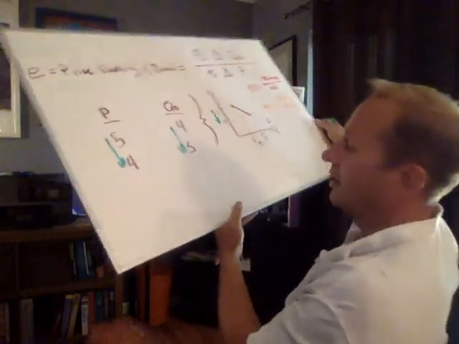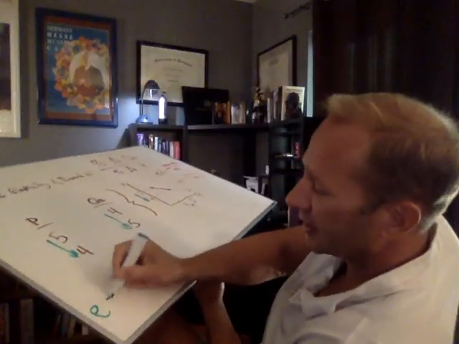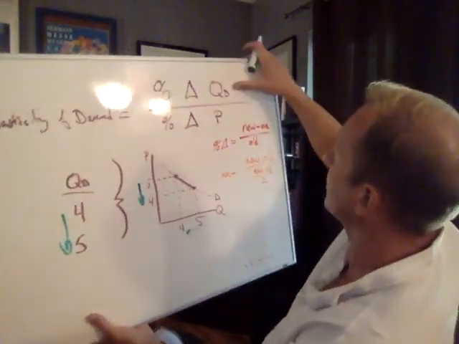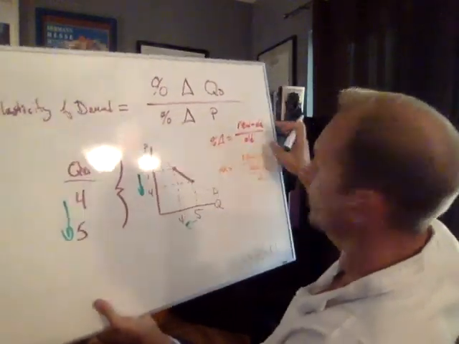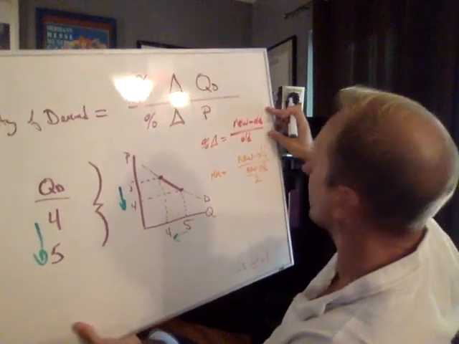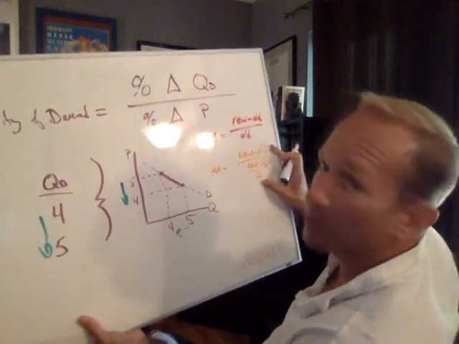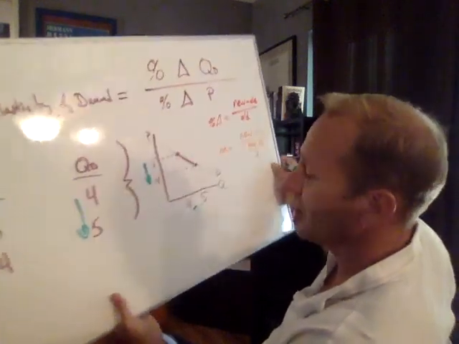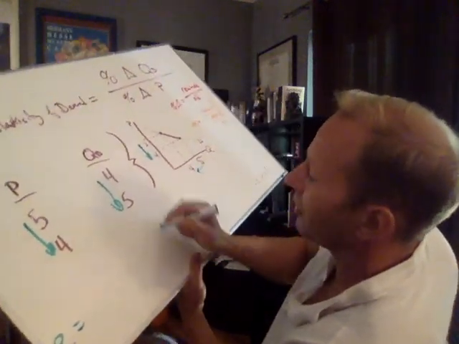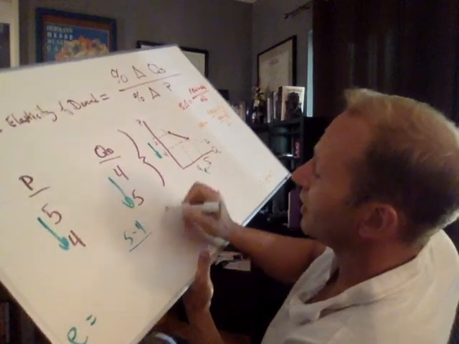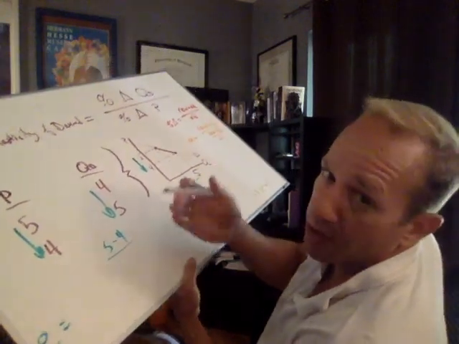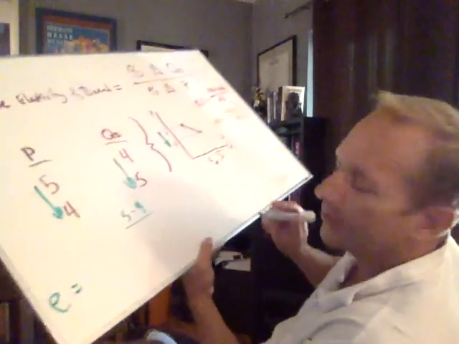Okay, so now elasticity, the percent change in quantity is going to go on the top. So this is the column I'm working with here, except instead of just using the real formula for percent change, I'm going to use the midpoint method approach for percent change. And so my new quantity is 5 minus my old is 4, over the middle of those two, we know is 4.5, but humor me.